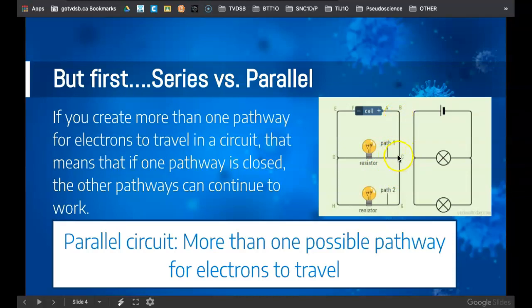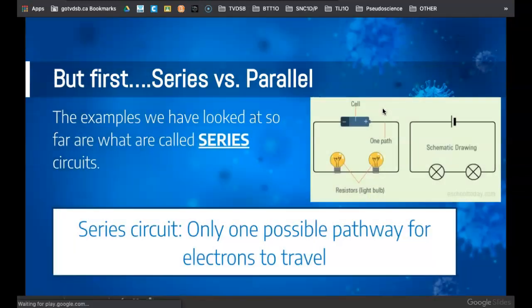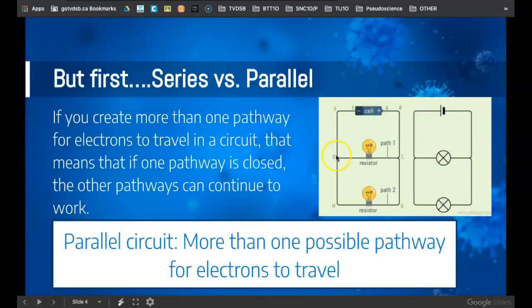So where those two wires join up here, all the electrons will then flow back to the positive. So again, series circuit, one possible pathway. In a parallel circuit, we have more than one. So here's one pathway, and here's another possible pathway.